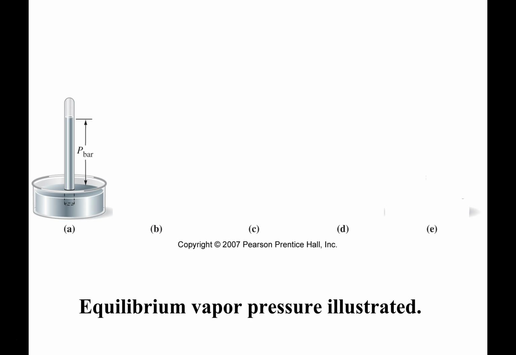Basically, you have an open pan of liquid mercury with the pressure on it, and you take a tube that's closed at one end. You pull the vacuum on it, put your finger on one end, set it in the pan of mercury, and then that mercury will rise relative to the atmospheric pressure on the open pan. That's what we call the barometric pressure, or the environmental pressure, atmospheric pressure.